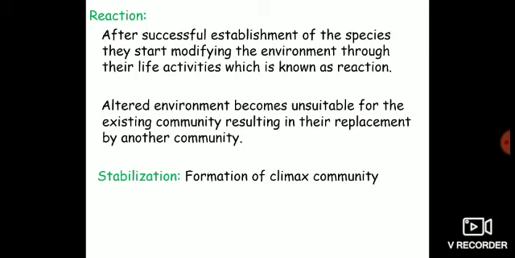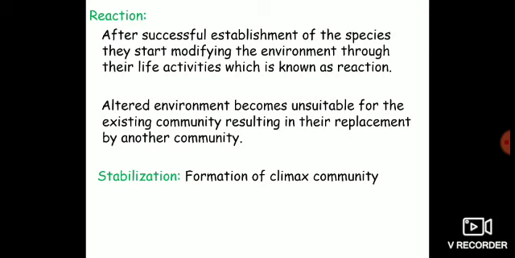The species affect the environment in a number of ways. For example, it is expressed in the form of binding of soil particles. The plants that have invaded the new area are strongly holding the soil particles. That means they have affected the environment.